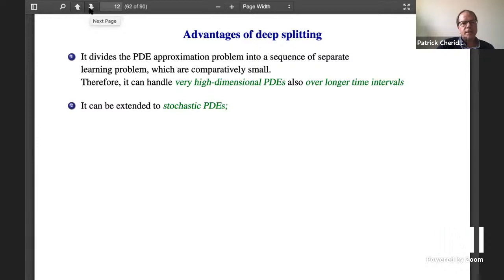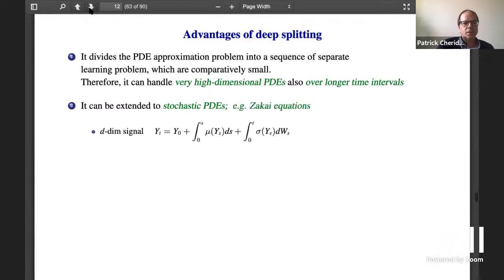Secondly, it can also be extended to stochastic PDEs. Okay, rather than give you an abstract form here, let me give you a concrete example, which is a Zakai equation, which comes from having a d-dimensional signal process y and a d-dimensional observation process, which is a possibly nonlinear function of the y process perturbed by some noise v.